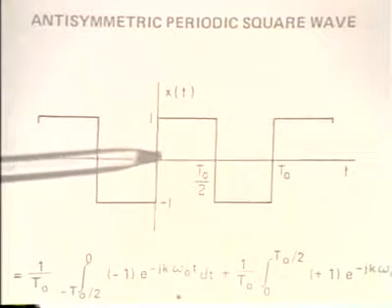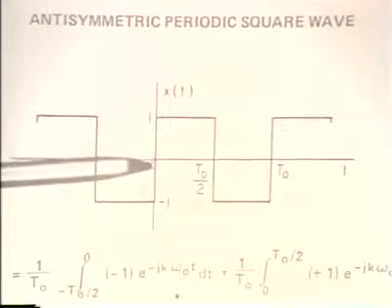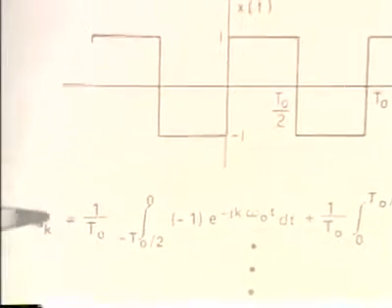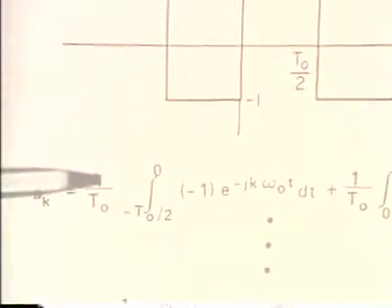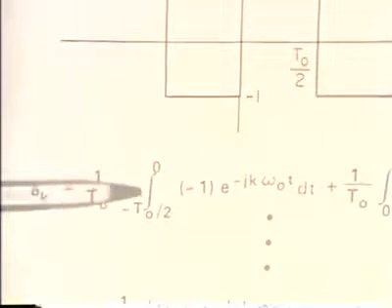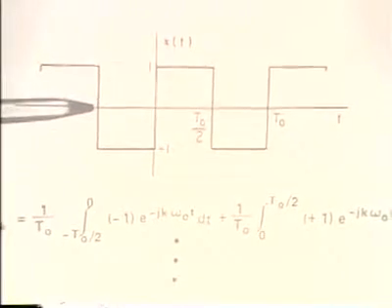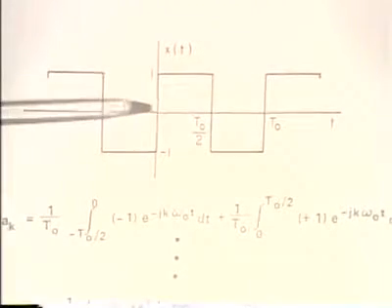Now, the expression for the Fourier series coefficients tells us that we determine a sub k by taking 1 over T0 times the integral over a period of x of t e to the minus jk omega 0 t dt. The most convenient thing in this case is to choose a period which, let's say, goes from minus T0 over 2 to plus T0 over 2.